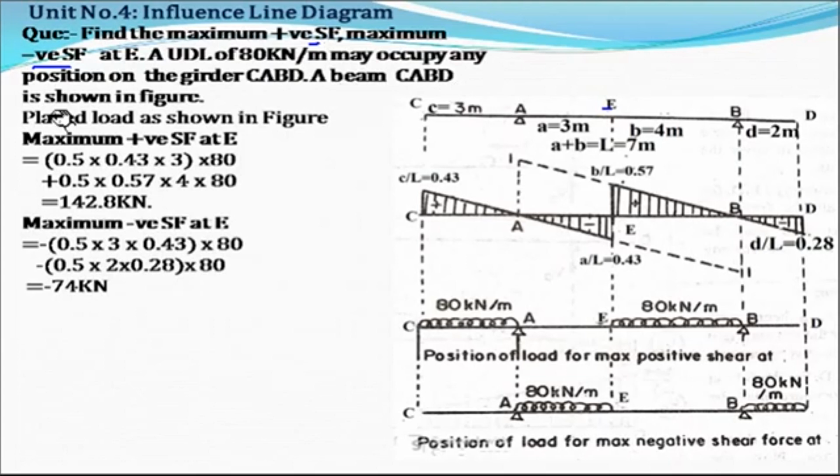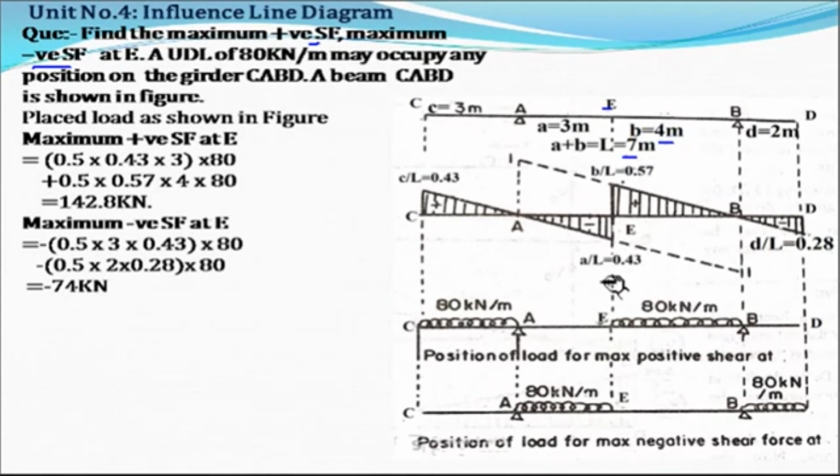The beam CABD is shown in the figure, where the overhang on the left hand portion is 3 meter, and on the right hand portion it is 2 meter. The simply supported beam length is 7 meter. Section E is 3 meter from support A and 4 meter from support B.